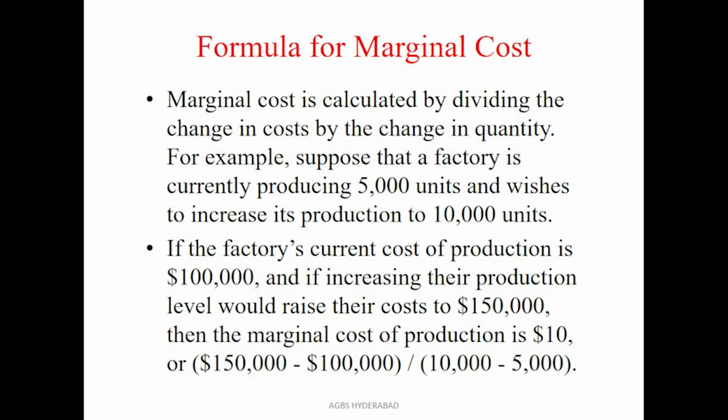If you subtract 1 lakh from 1,50,000, the difference is 50,000, and the difference in units, 10,000 minus 5,000, is 5,000 additional units. The extra expenses incurred are 50,000. So, the marginal cost is 50,000 divided by 5,000, which is $10 per unit. Like this, we can calculate the marginal cost.